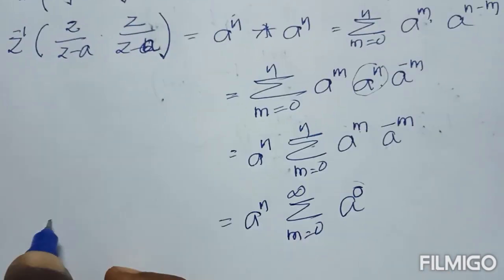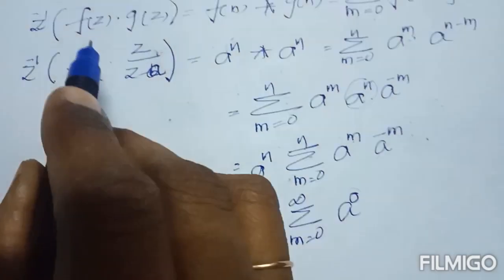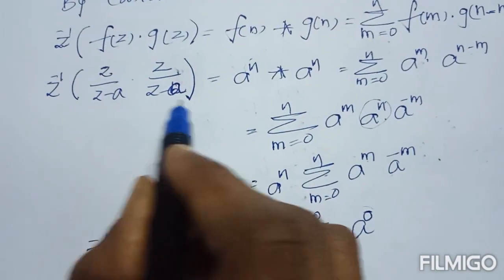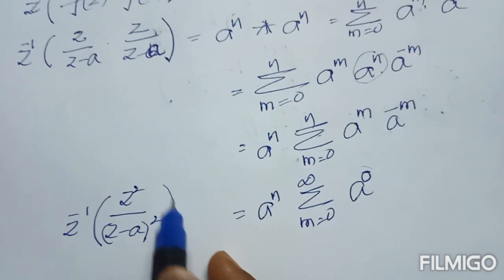The left side is Z inverse of the product of these two functions. Numerator z into z is z square. Denominator z minus a into z minus a, z minus a whole square.